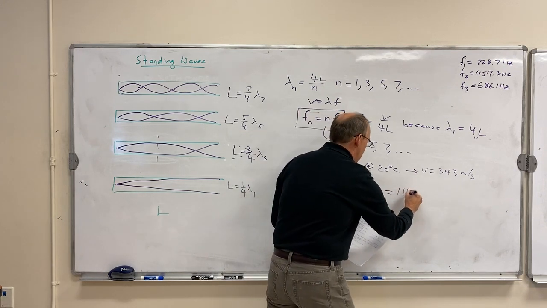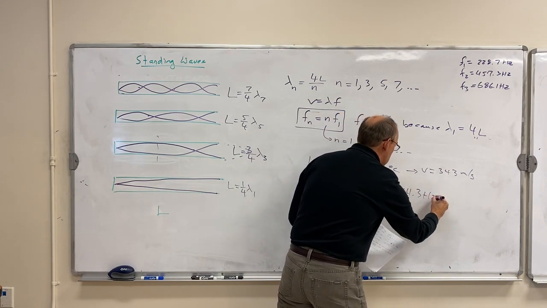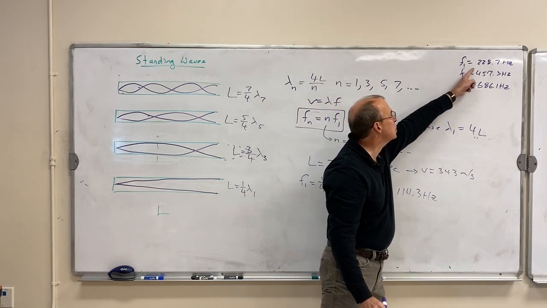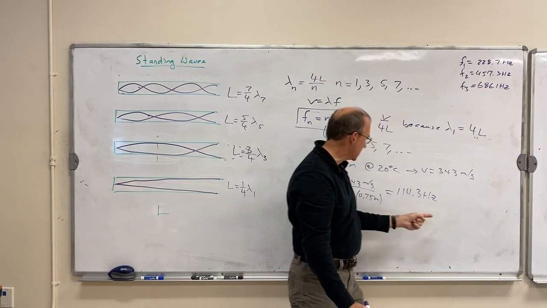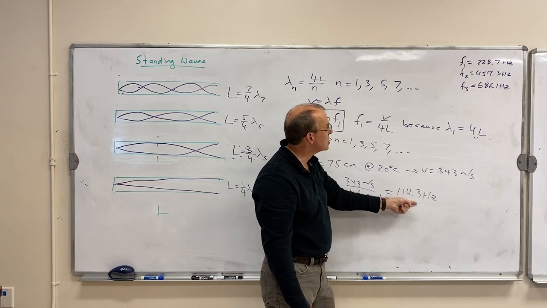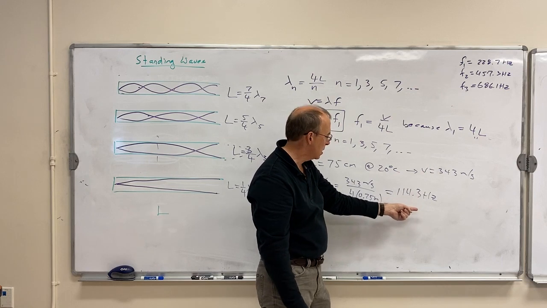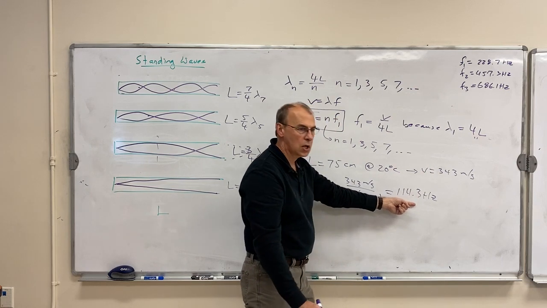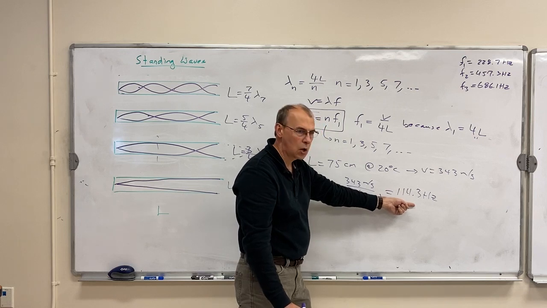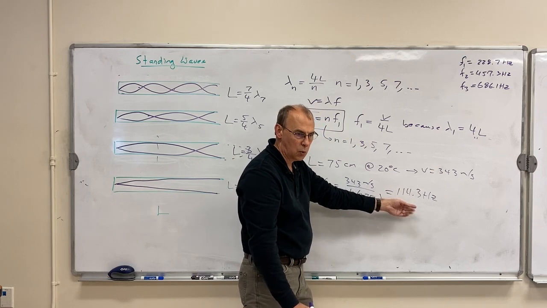That's 114.3 hertz. Notice our F1 before we closed it was 228 hertz. This is half that, so this is an octave below that. So this plays a lower note. Even though it's the same length, it's a lower note. It sounds more bass.